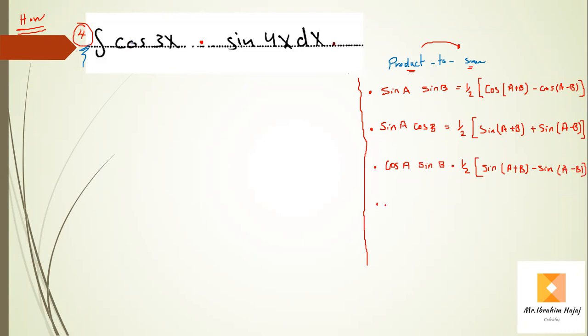Okay, the last one, or the last possibility, who comes first? We said sine cosine, cosine sine. The sine here is positive I guess, the one in the middle? The third one, cosine sine, no, it's negative. Are you sure? Yes. Cosine A, cosine B, yes, I'm sure. 1/2 and then, when it's a cosine cosine, it will also be cosine inside: cosine A plus B and then plus cosine the difference A minus B. All these identities are for converting the product to sum.